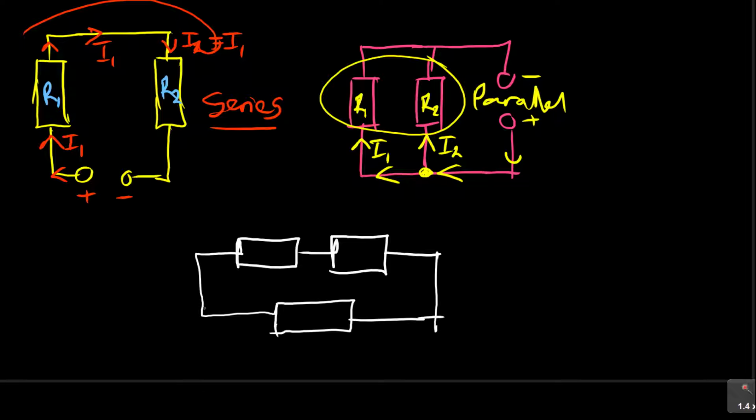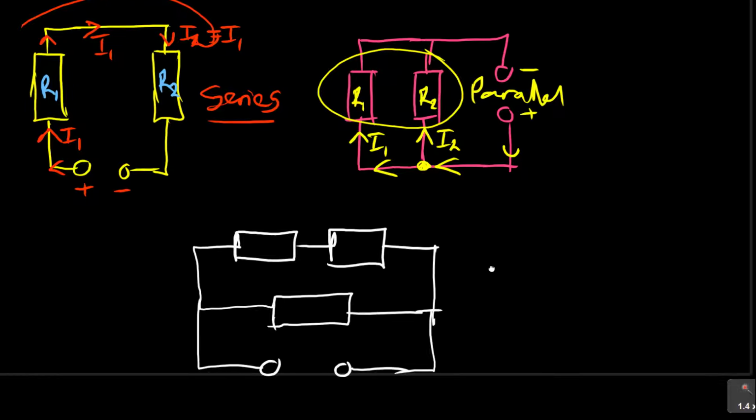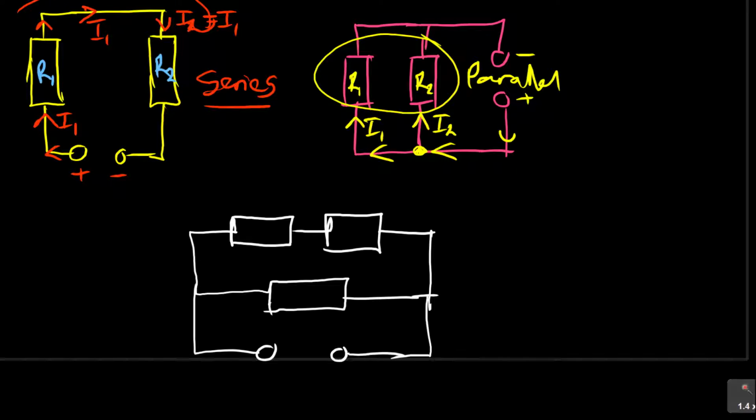If you have a connection like that and I have my supply like this, we are saying the flow of current, if the current is flowing in this direction, when it comes to that junction here, the current is going to split.